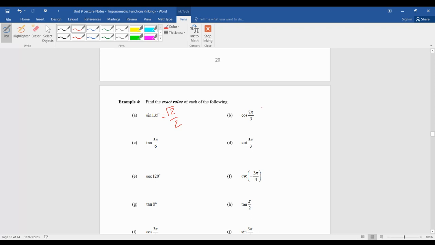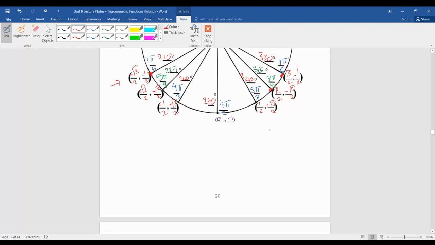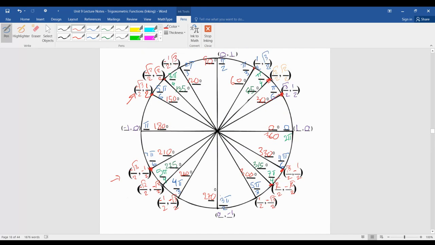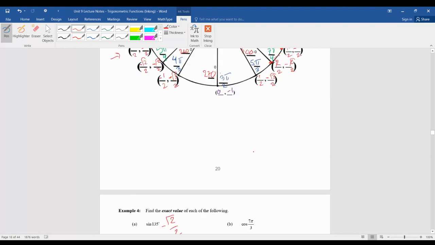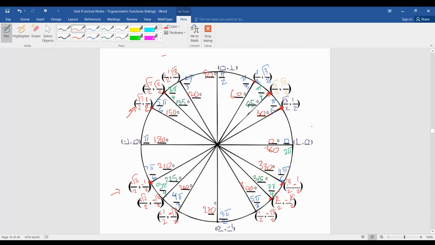And then the next one, example B, cosine 7 pi over 3. Let's just count 7 pi over 3. So 1 pi over 3 is over here, 2 pi over 3, 3 pi over 3.